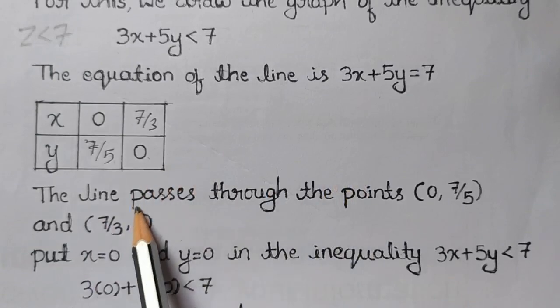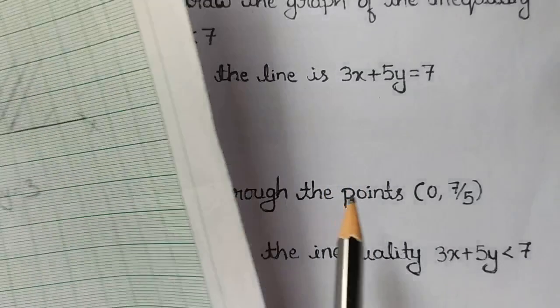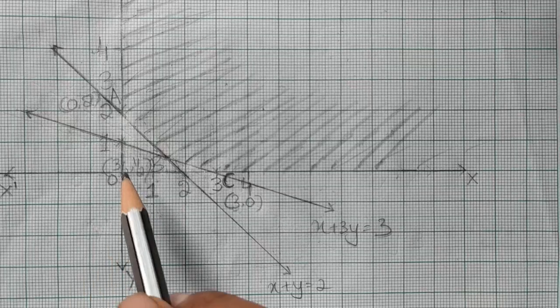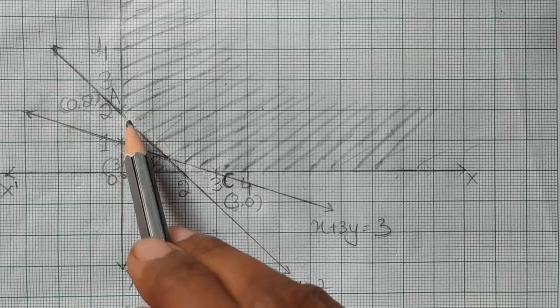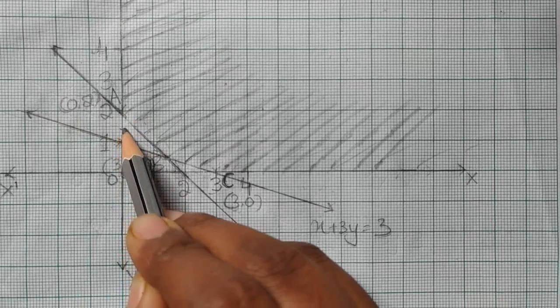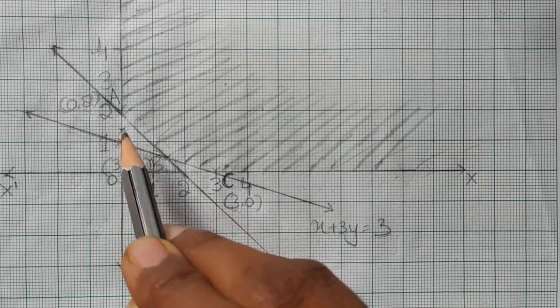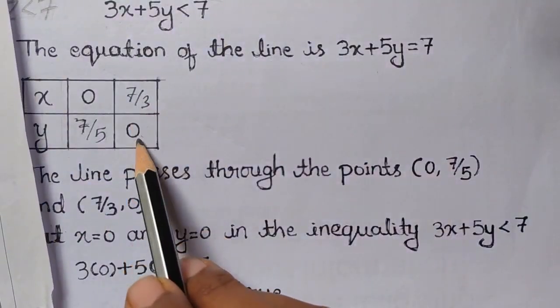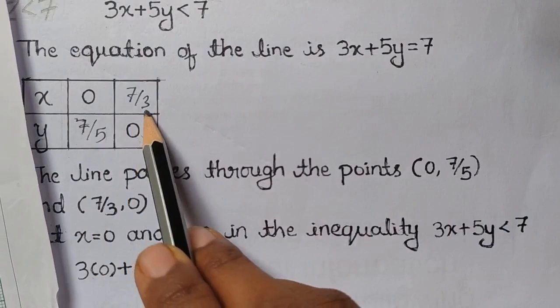The points on the line are (0, 7 by 5) and (7 by 3, 0). 7 by 5 means it is 1.4. So I'll mark the point here, (0, 1.4). Another point is (7 by 3, 0). 7 by 3 means it is 2.33.